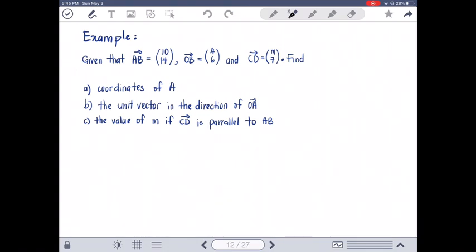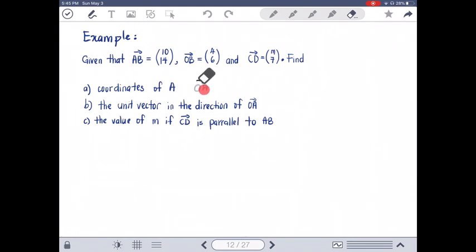So if you want to find the coordinates of A, you have to find the vector OA, basically. If you get the vector OA, then you will know directly what the coordinate of A is. So we need to find the vector OA.